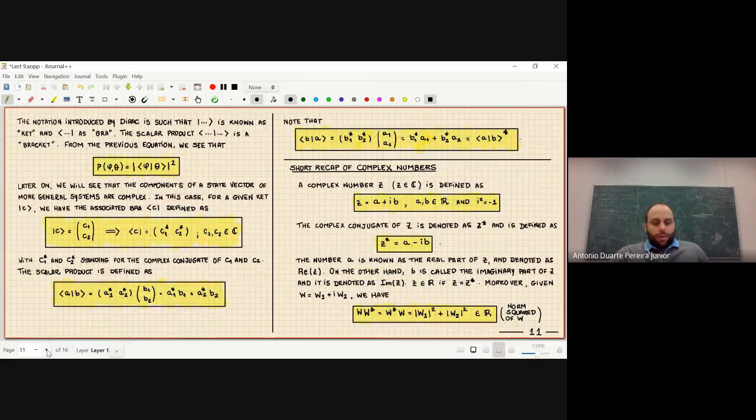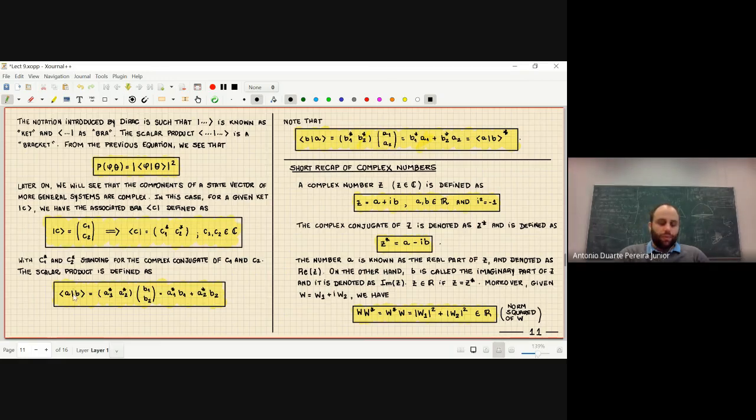Now if I want to compute the Dirac bracket between two state vectors, A and B, remember, I take B. B has two entries, B1 and B2, and this is the ket B, so I have the column vector, and I have the bra A. Let's assume that the ket A has entries A1 and A2.